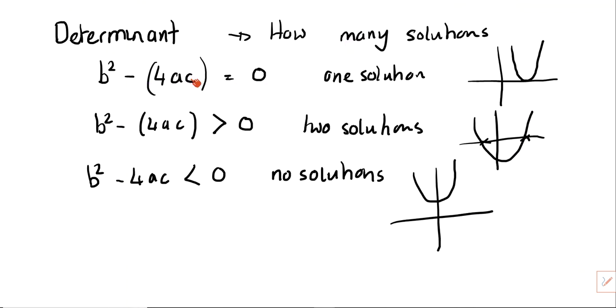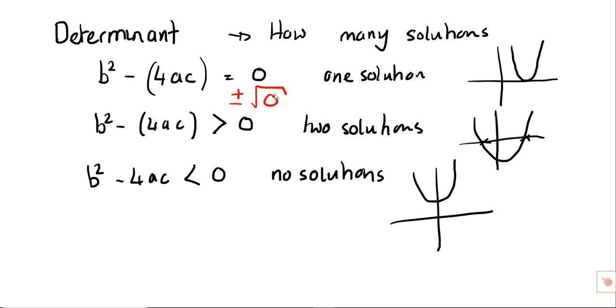So maybe you can think then, if the determinant is 0, why do we get one solution? Because what we're actually doing is plus or minus the square root of 0. And what's plus and minus the square root of 0? 0. So we're not plussing and minusing anything different. Okay?